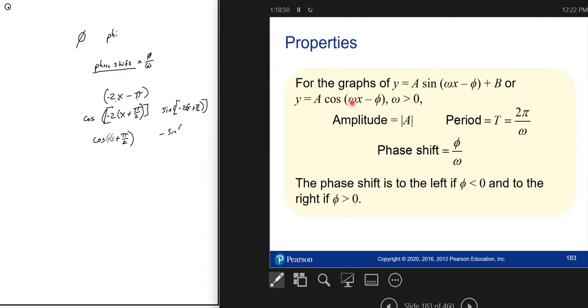Sorry, I'm just pulling the negative sign out, not the whole number. It's going to be 2 times x plus pi over 2. And this will be the sine of 2 times x plus pi over 2.